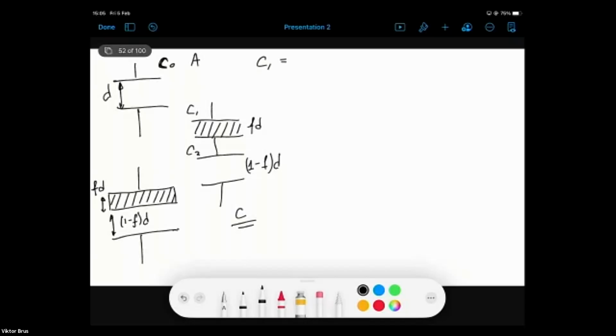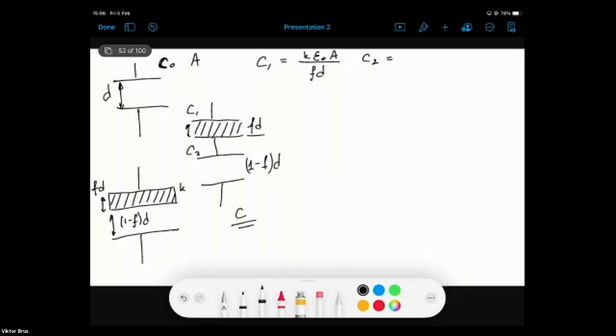We know from the equation which we derived for the parallel plate capacitor that with dielectric constant K, so this dielectric possesses some dielectric constant K, C1 will be K times epsilon 0 times A divided by the distance between electrodes, and here it's F times D. Then we have C2.